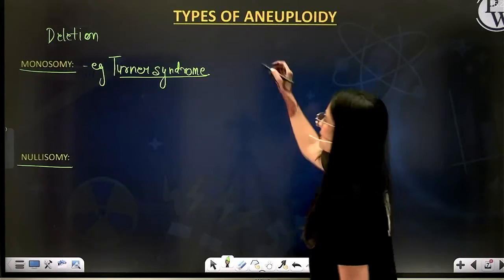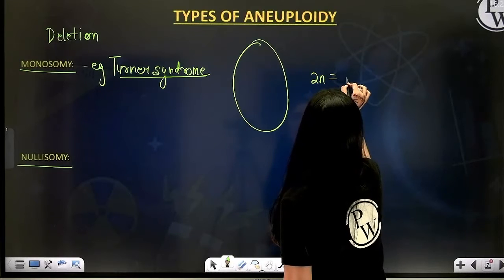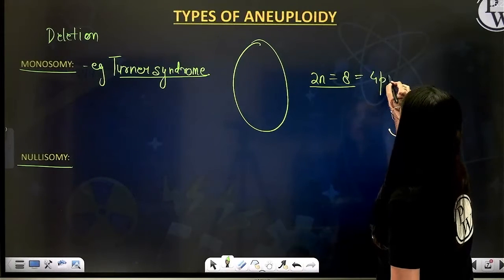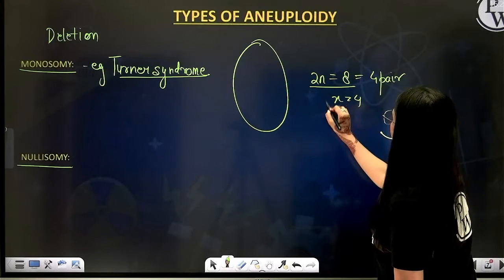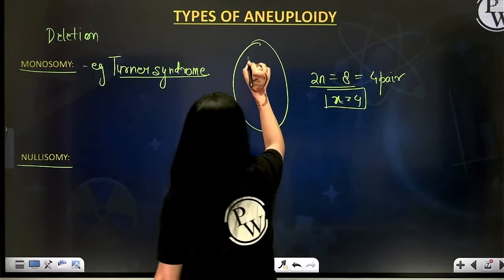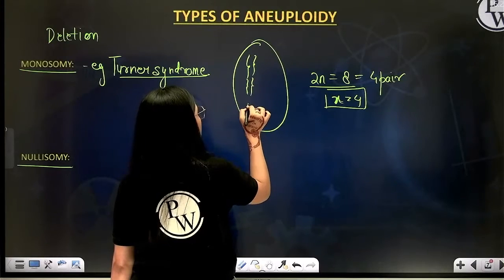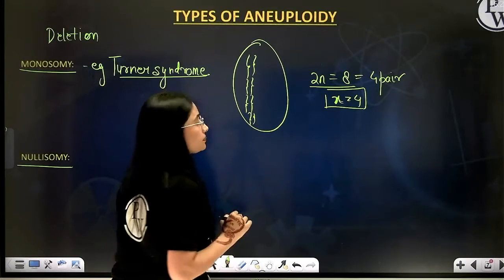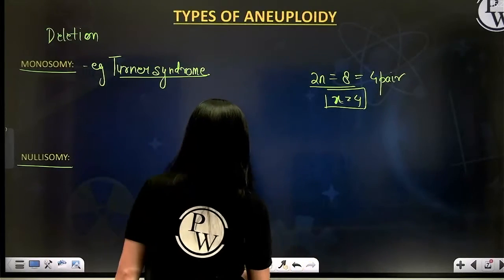Okay, suppose this is a diploid cell having 8 chromosomes. That means how many pairs? 4 pairs. That means the basic set will become 4. Right? So see, this is 1 set, 2, 3, 4. Correct?